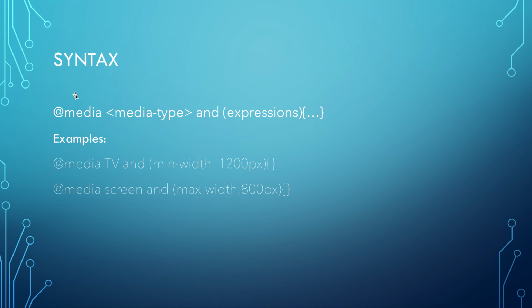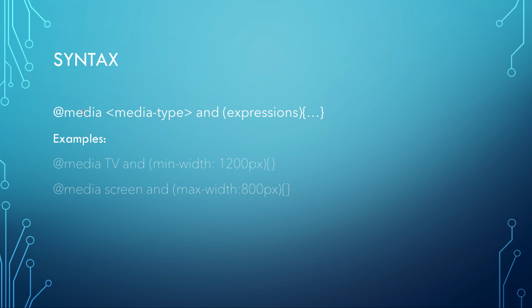Either way will work as long as you declare that you are using a media query. And we do that by using the at symbol right here and saying the word media. There will be no space in between. When you do that, you're declaring that you are using a media query.